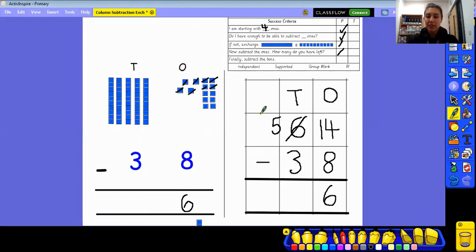And I'm starting with 5 10s, and I'm going to take away 3. 1, 2, 3. And as you can see, that leaves me with 2 10s. So 64, take away 38, leaves us with 26.